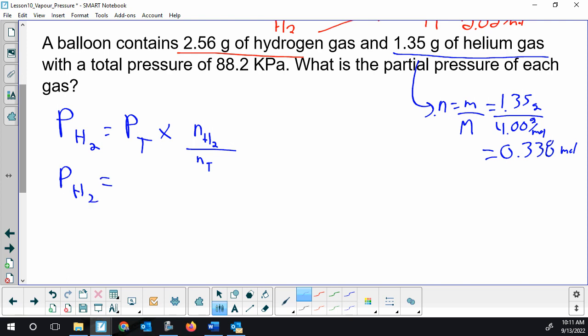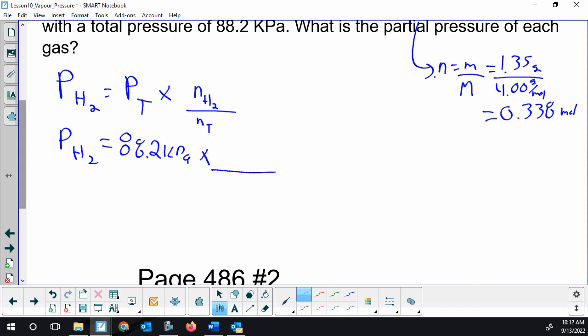Pressure of hydrogen is 88.2 kilopascals times, now we're doing that decimal version of a percent, moles of hydrogen, 1.2733, divided by the 2 moles added together.